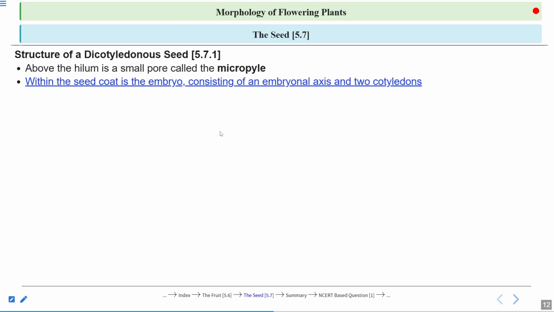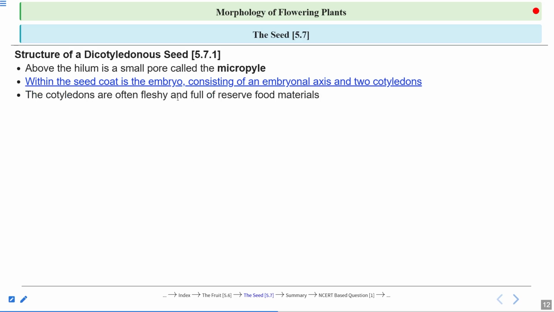When you soak the seed in water, water enters inside the seed from where? From this micropyle only. Within the seed coat is the embryo, consisting of an embryonal axis and the two cotyledons.